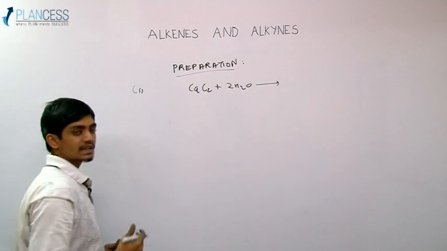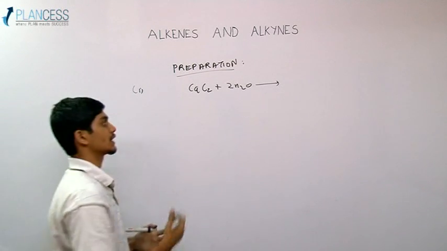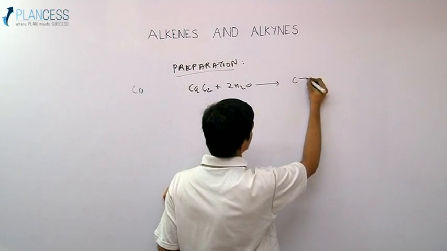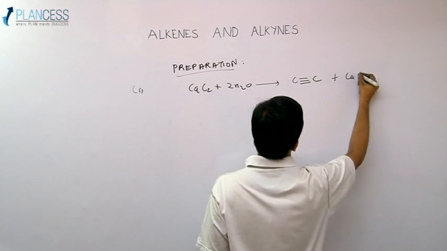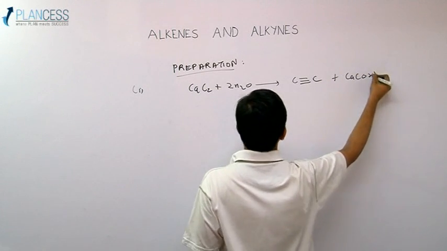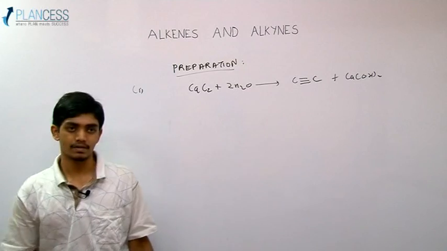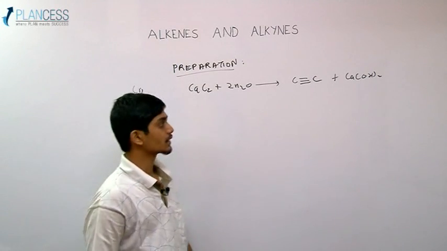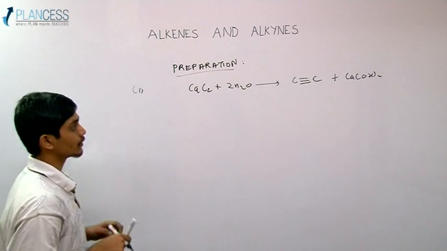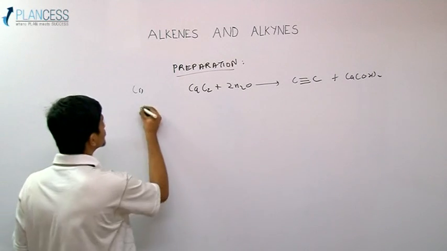If you take calcium carbide and hydrolyze it, you will get C triple bond C plus calcium hydroxide. So this is another example where an inorganic compound is converted to an organic compound, and that too an alkyne, having 3 bonds, or 1 sigma bond and 2 pi bonds.